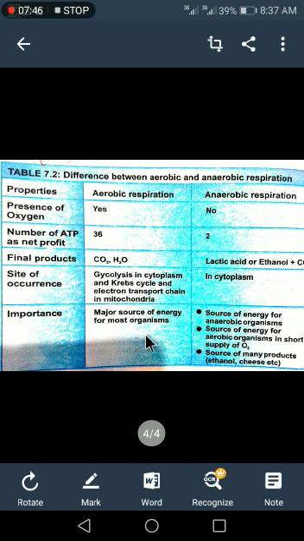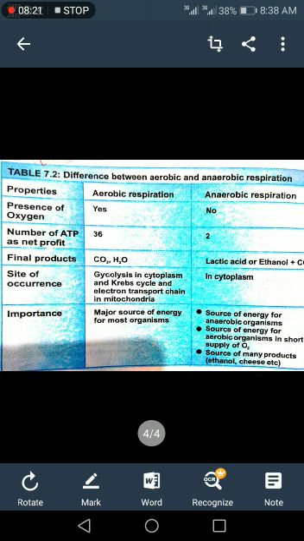Aerobic respiration is the major energy source of most organisms. But anaerobic respiration is a source of energy for anaerobic organisms, and it is a source of many products such as ethanol and cheese.